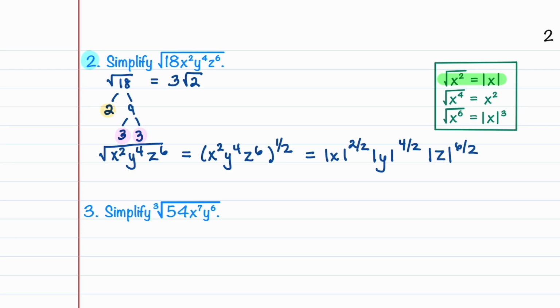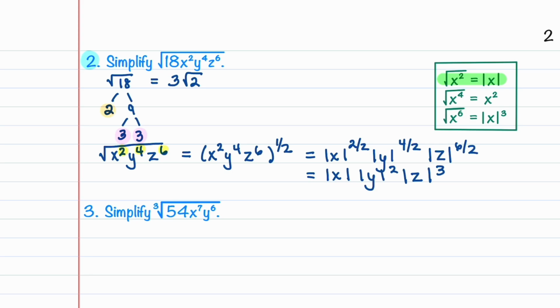Now let's simplify. This becomes absolute value of x, absolute value of y squared, and then absolute value of z cubed. And we use the absolute value sign because each of those powers that were inside of the square root were even.